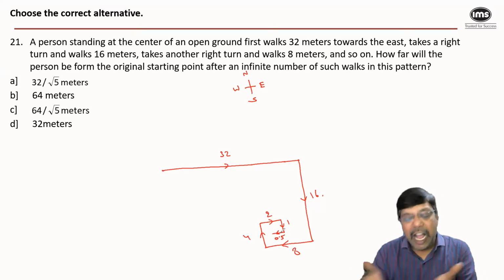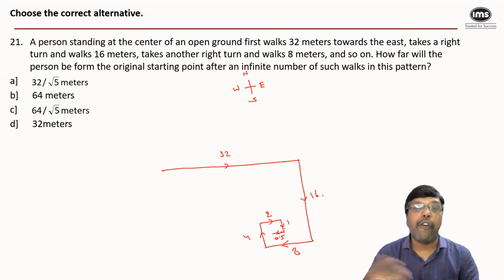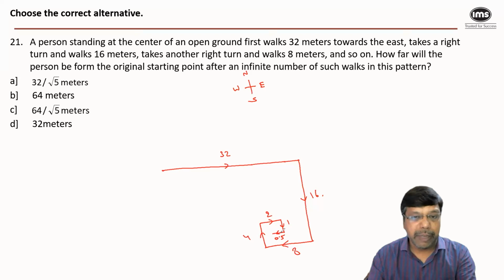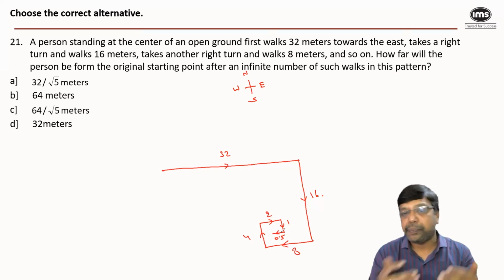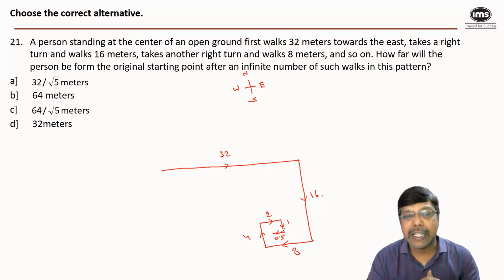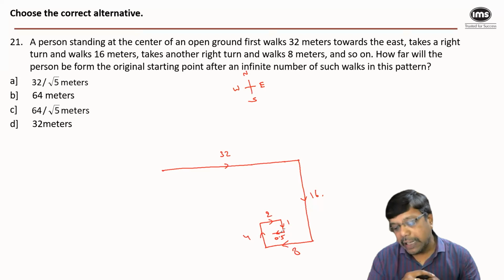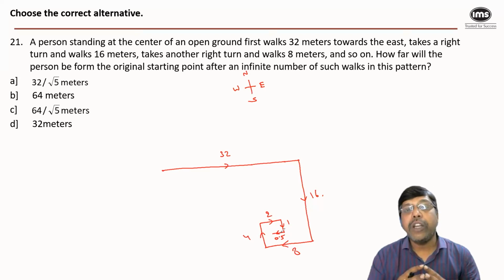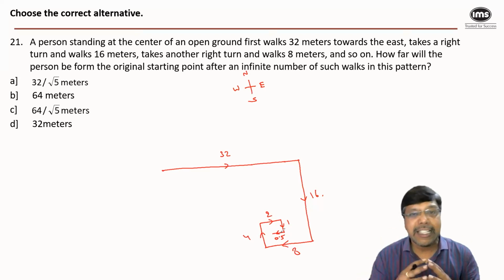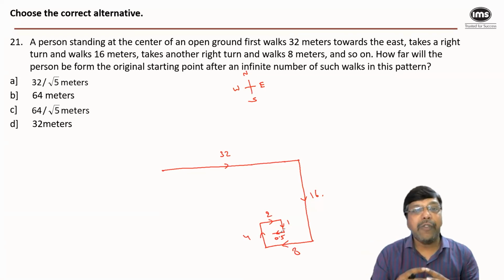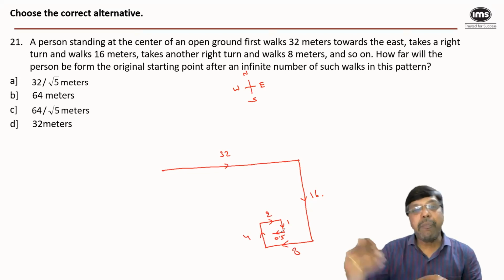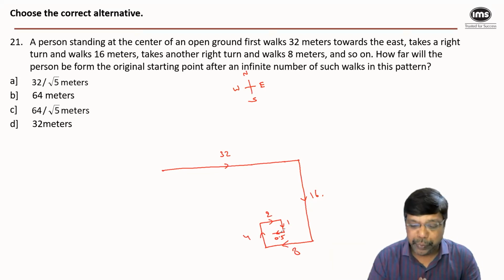So let us see how we can use this data to form the so-called infinite GP. And since I need to find by default the shortest distance from the starting point and the ending point, let us calculate what is the overall horizontal distance and overall vertical distance. Then we can calculate the effective distance by applying the Pythagoras rule to those two.